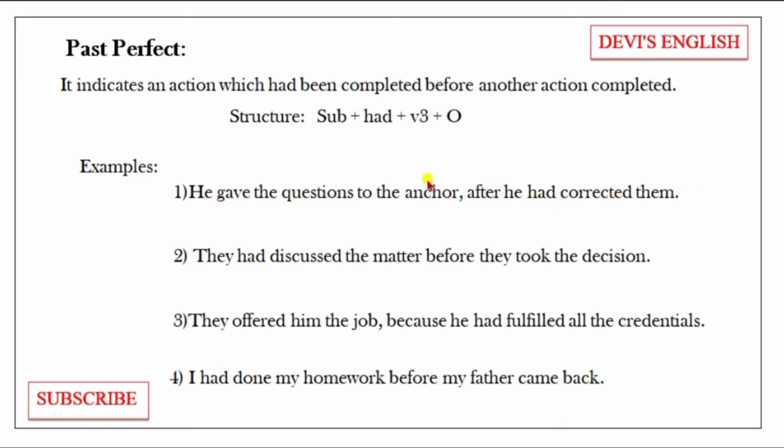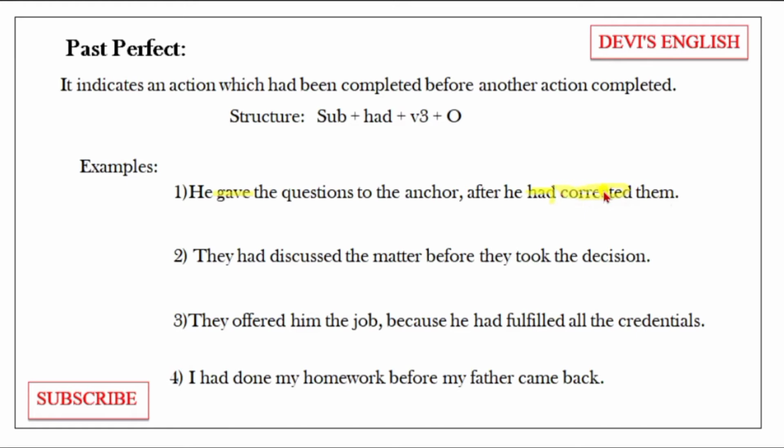So, one action is a completed action. Another action is an earlier completed action, that is called the earlier past action. So then we are constructing past perfect.